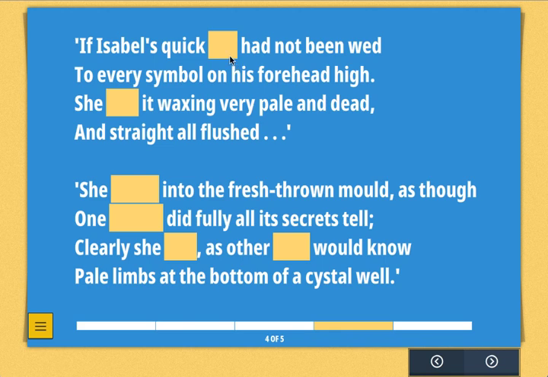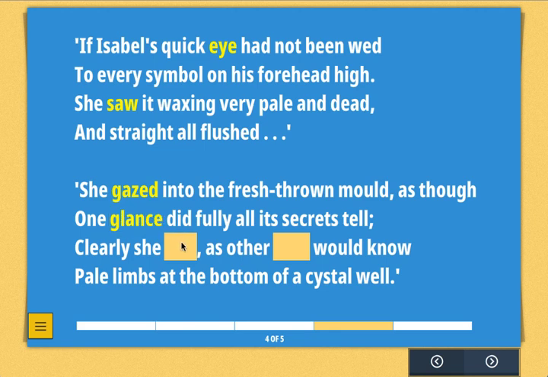Okay, so the imagery here. If Isabel's quick eye had not been wed to every symbol on his forehead high, she saw it waxing very pale and dead and straight all flushed. So you can see we had the hearing references and the language to do with sound from earlier on, and here we've got the seeing, the sight, the eye imagery. She gazed into the fresh thrown mould, as though one glance did fully all its secrets tell.